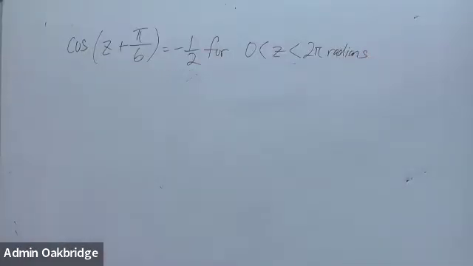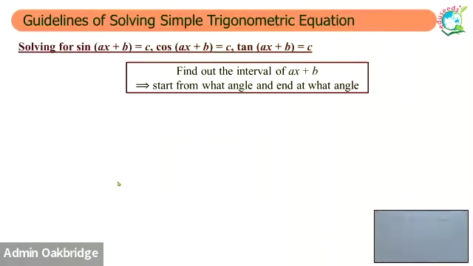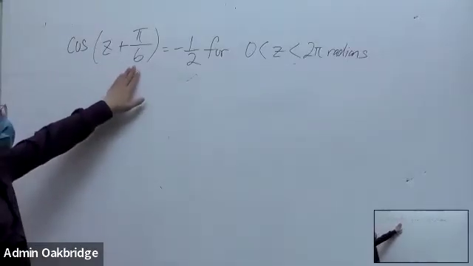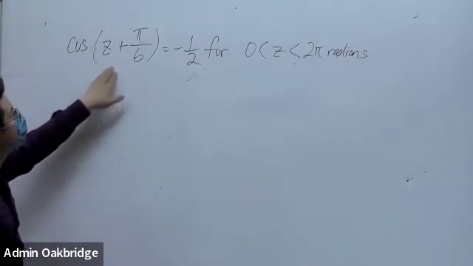All right. So now, our first step, look at our flow chart, is to not find out the basic angle first, but to do what? Find out the interval of ax plus b first. Okay, you have the interval of x here, but you don't have the interval of this one, x plus pi over 6. You need to find out this interval first.